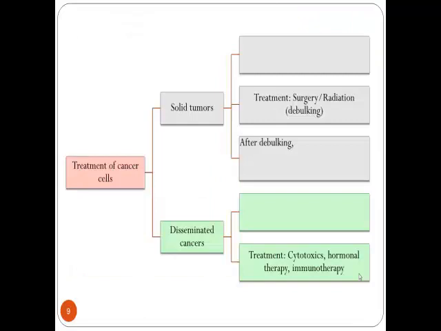All right, so we go on to here. This is just an overview of the treatment of cancer cells. You've got solid tumors versus disseminated tumors. Solid tumors are things like kidney tumors, adenomas, sarcomas, bone cancers, and all that kind of stuff, which are solid, right? So solid tumors tend to have a low growth fraction.